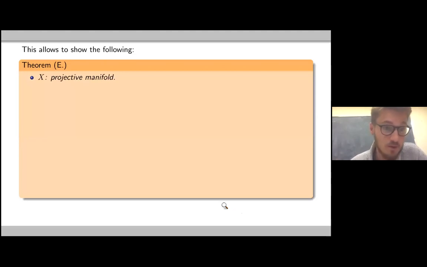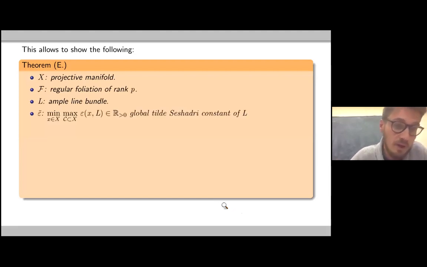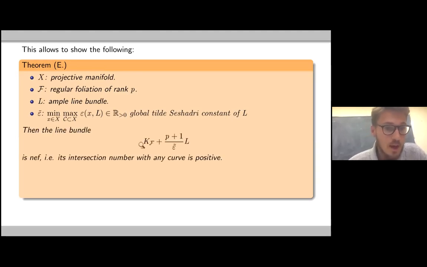With this construction, we can prove the following. So if we take X a projective manifold, F a regular foliation on X, L an ample line bundle, and we denote by epsilon tilde what we could call the global Seshadri constant of L. So actually it's a measure of how positive the line bundle is. Then the line bundle, and here we have adopted the additive notation, K_F plus (p+1)/epsilon tilde L is numerically effective, which means that its intersection number with any curve is positive.